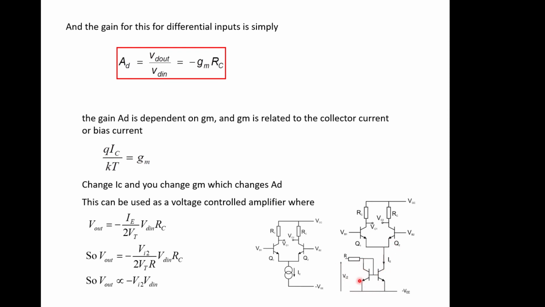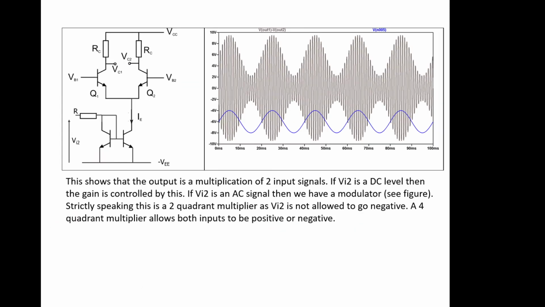By varying this voltage here, we vary the current going in, and therefore we vary the current through here. The split of the bias currents through these two transistors will be varied, and the gm of this transistor will be varied, and therefore the gain of the system as a whole will be changed. And that's what we're getting to with that.